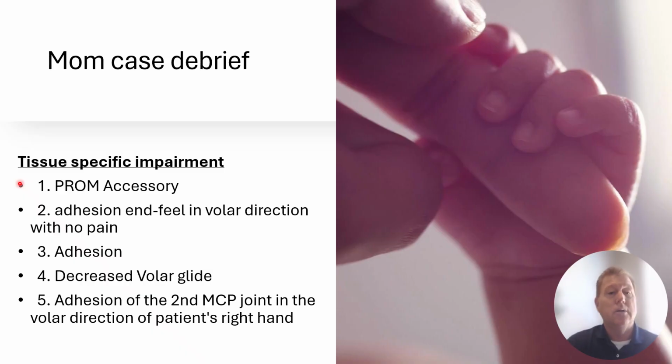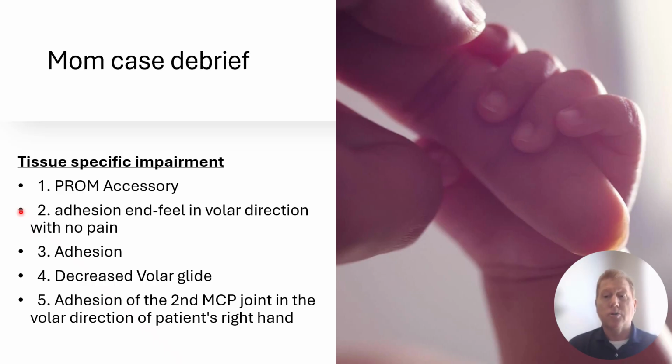For instance, tissue-specific impairment, we find that through using passive range of motion. Go back to video 1, you'll understand where we're getting that information. We have an end feel with an adhesion feeling in the volar direction.